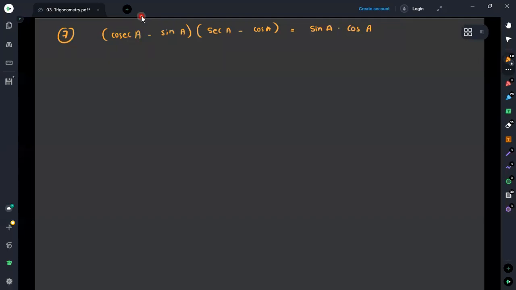Here also, it is better to start from the left hand side since we can simply solve the bracket. Here, we will first take the left hand side.